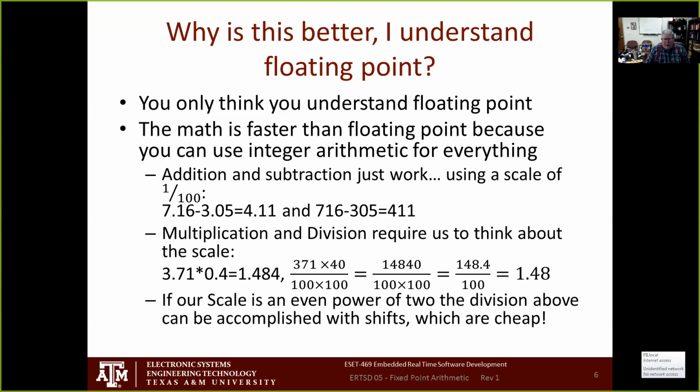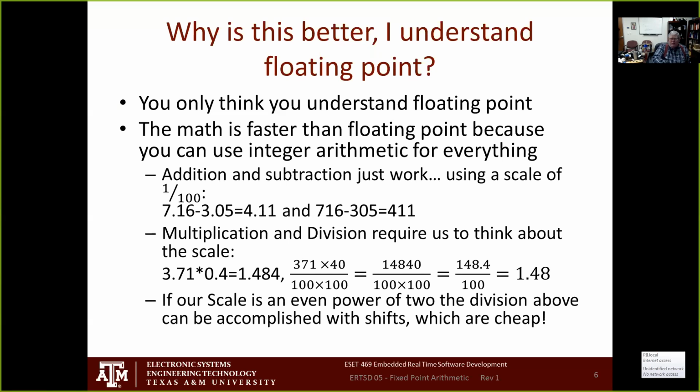In floating point math, you have to adjust and get decimals right. But in fixed point math, it just works. So if I want to subtract 3.05 from 7.16, it's 4.11. And 716 minus 305, it's still 411.